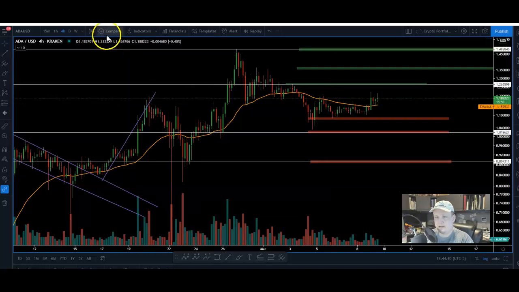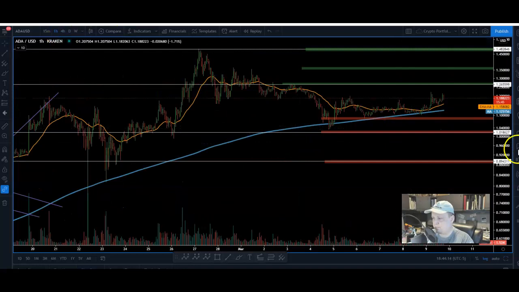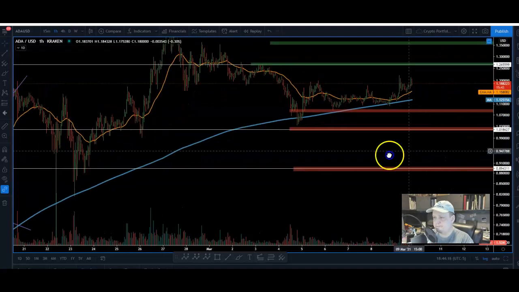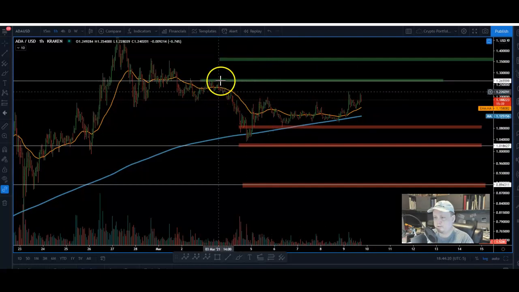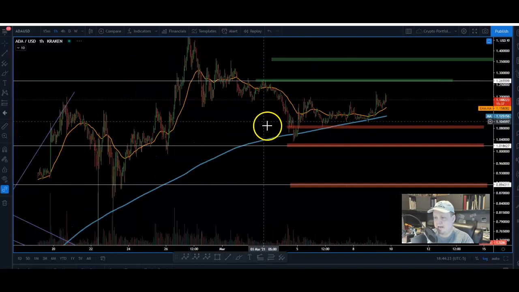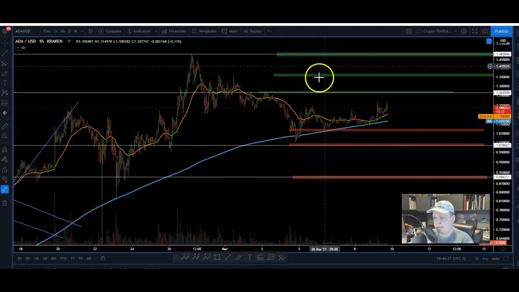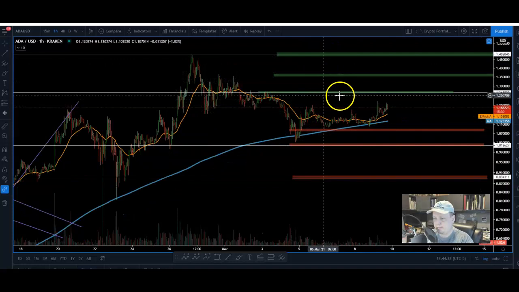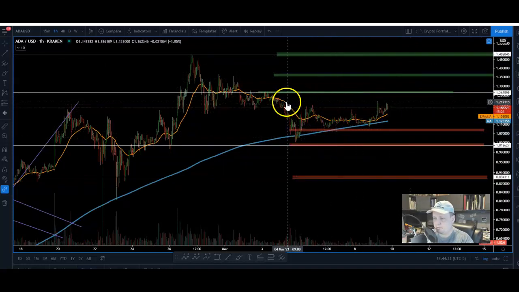I don't really see a lot going on here. It looks like it's just consolidating sideways. I don't really see much pattern showing up in the chart right now. These are still targets of resistance areas that we could see price action going to, and seeing some problems with price action.